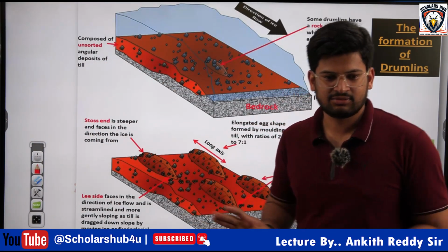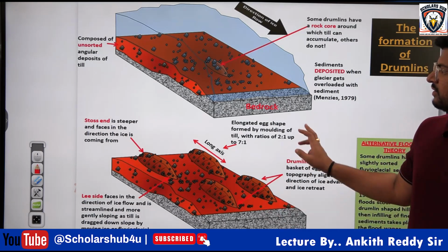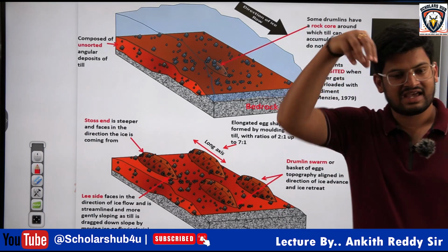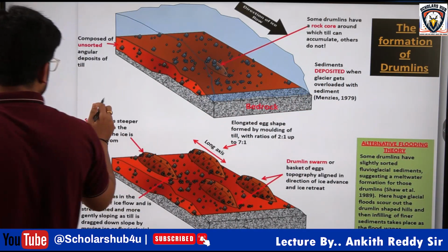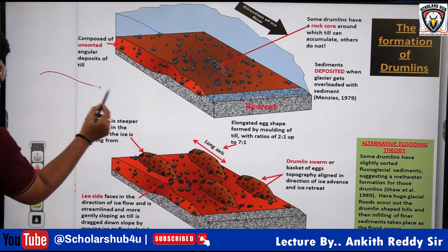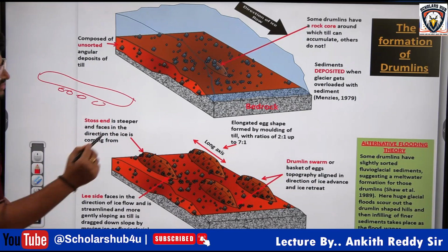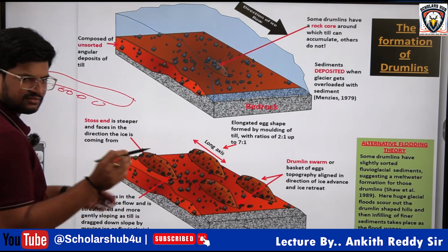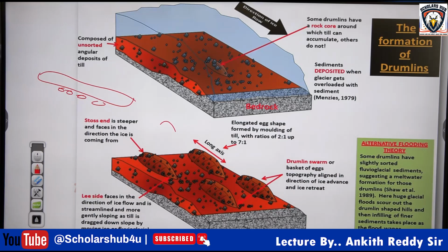So when the glacier is moving, it will carry sediments along with it. If there is any pre-existing elevated structure, let's imagine the glacier is moving like this and beneath it you have sediments. If there is a small elevated structure like this, what happens?